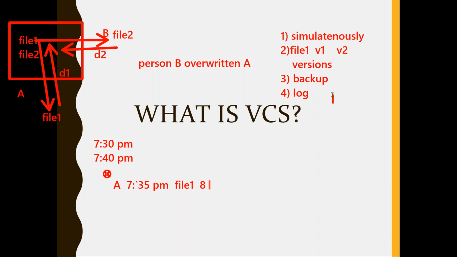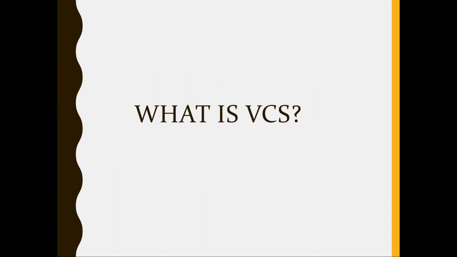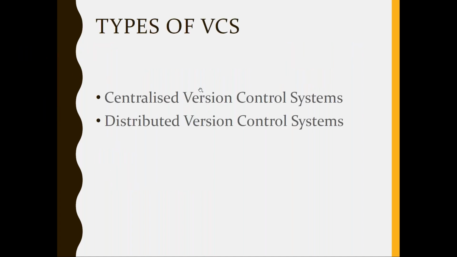Okay, so now that we understood what a version control system is, let us talk about different types of version control systems. Based on the architecture, they are categorized as centralized version control systems and distributed version control systems. So let's see this categorization.